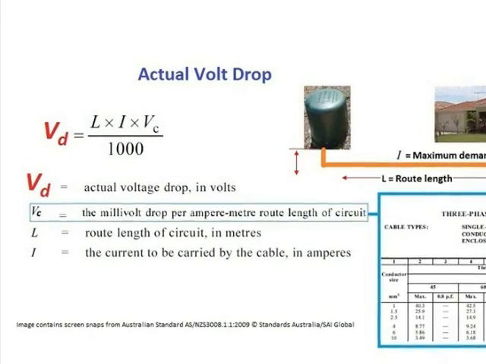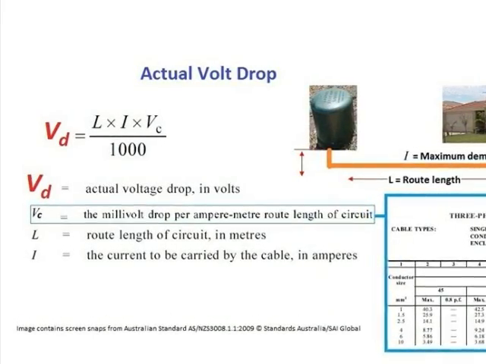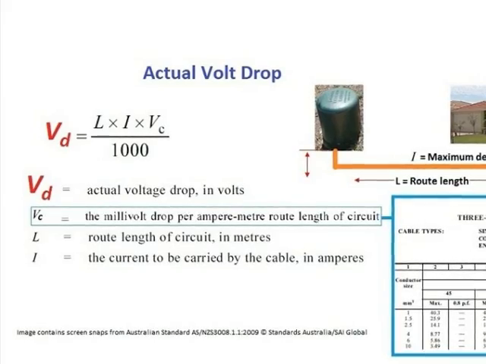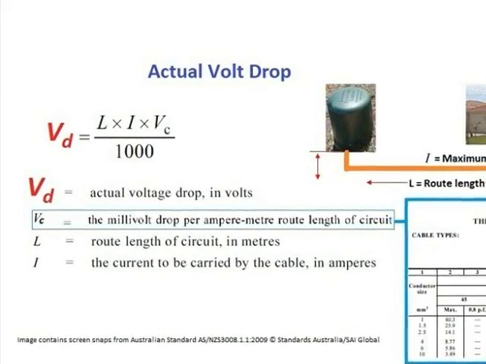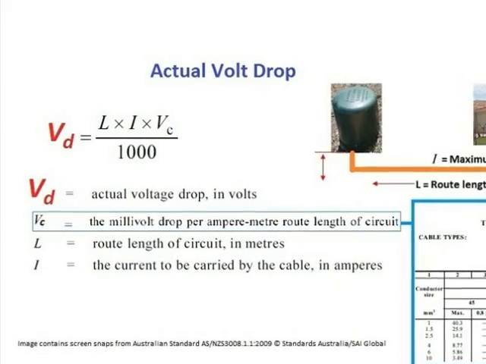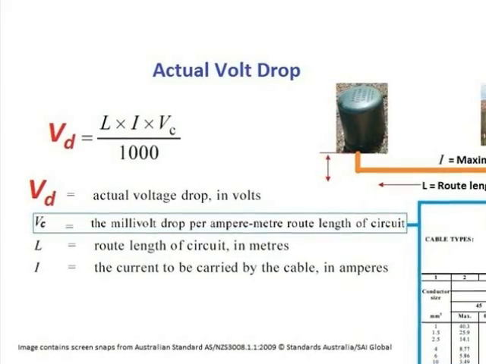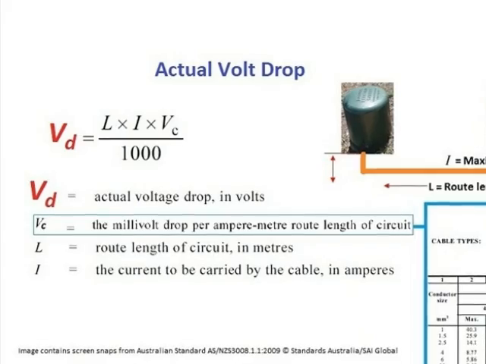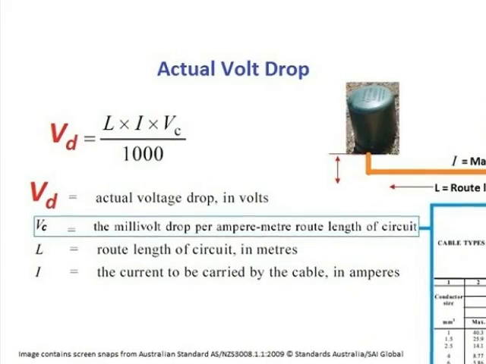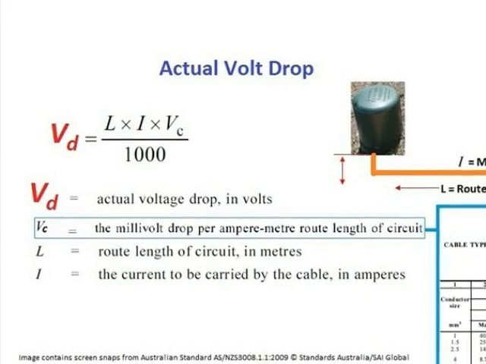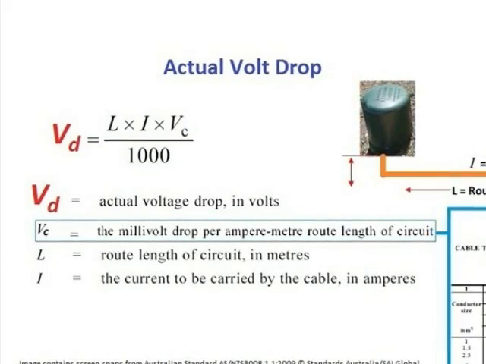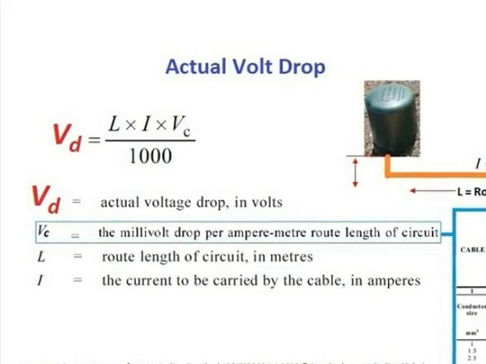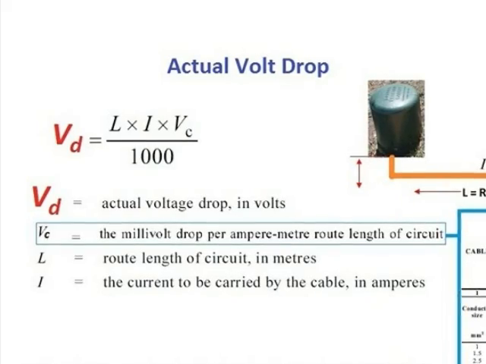Now the Vc, of course, is taken from table 40 onwards, which are the Vc tables, which are three-phase tables. Then divided by 1,000, which gives you the actual volt drop that will occur on that cable when that cable is drawing its maximum demand, or the full rated current for that circuit.